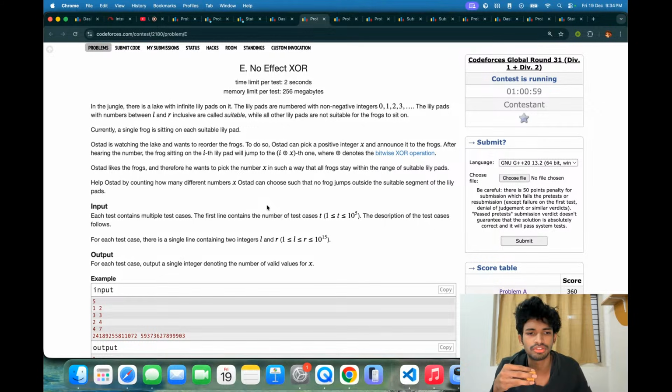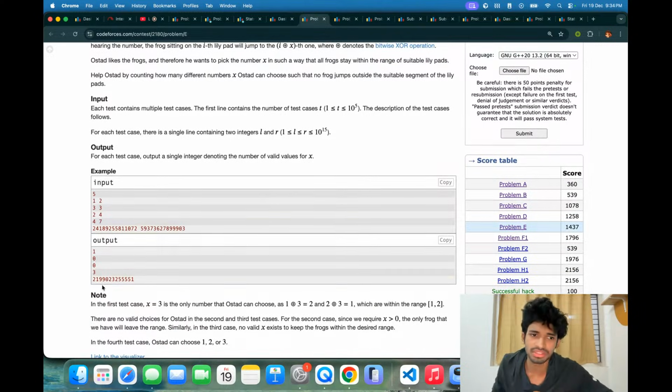What if L equals R? Answer is 1. Else, is the number small? It can be very big sometimes.